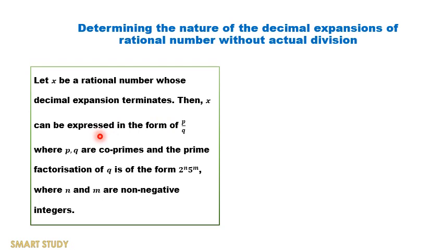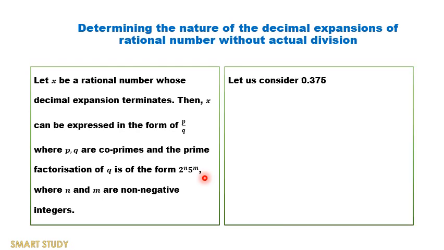Then x can be expressed in the form p by q, where p and q are co-primes, and the prime factorization of q, the denominator, is of the form 2 raised to n into 5 raised to m, where n and m are non-negative integers. The denominator should be expressed in the form 2 raised to n and 5 raised to m, then only it is a terminating decimal expansion.